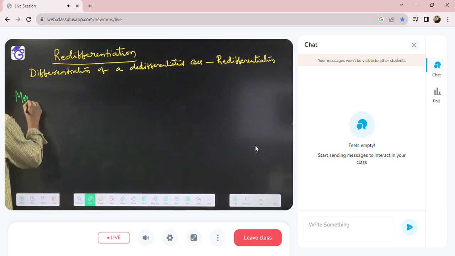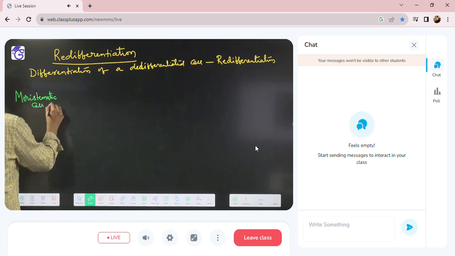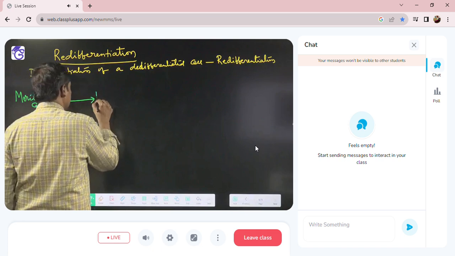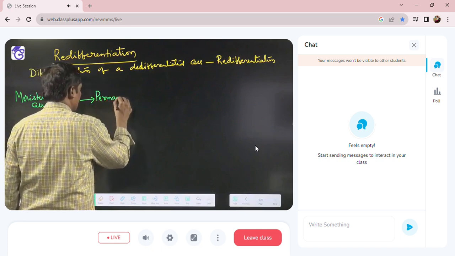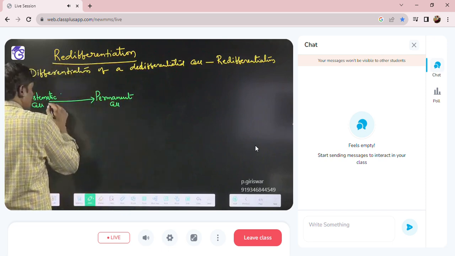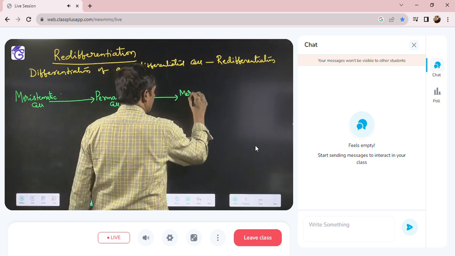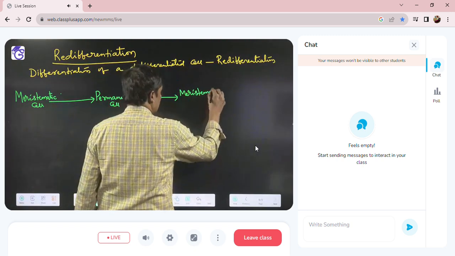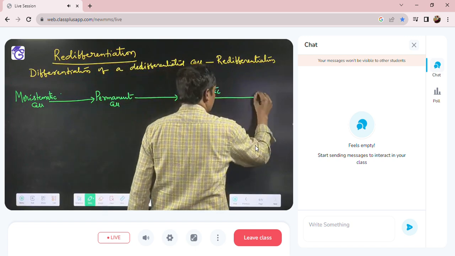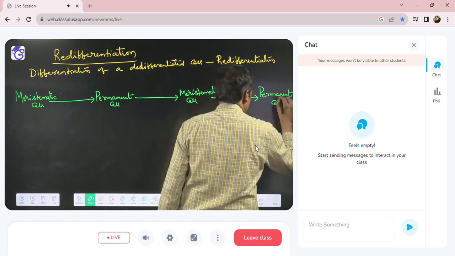Meristematic cell becomes permanent cell. This is called differentiation. Permanent cell again differentiated and forms meristematic cell, and this again differentiates and forms a permanent cell.